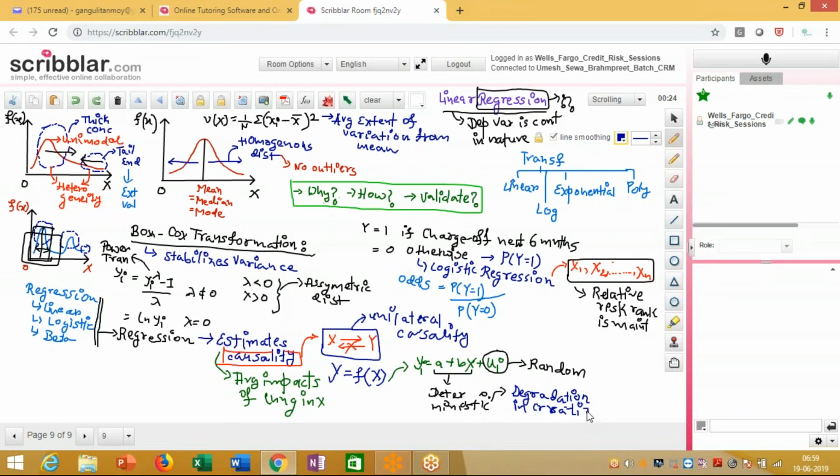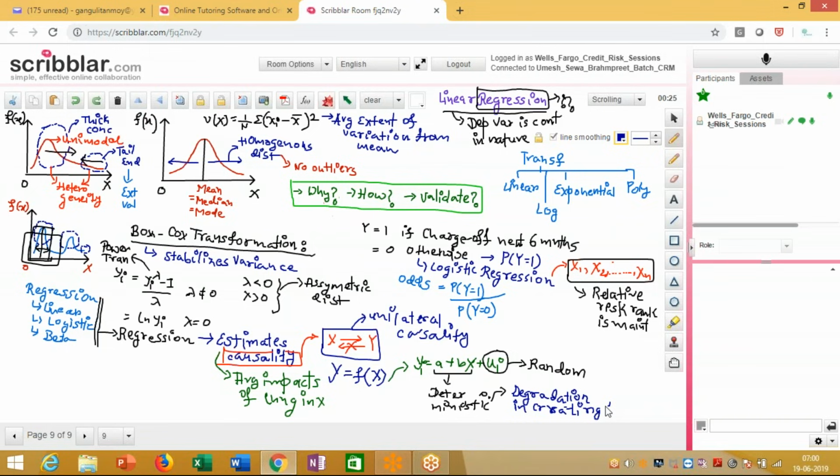One of the important characteristics is degradation in the credit rating. A firm which has degraded more in terms of credit rating at the time of default will be a riskier firm. So you would generally be able to recollect a relatively lower amount from this particular firm. So there is this degradation in the credit rating.